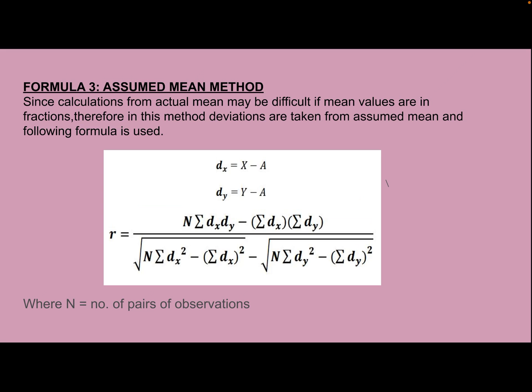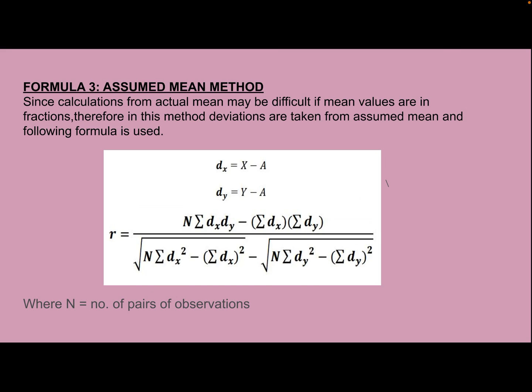The third formula is using the assumed mean method. The steps remain the same, the formula becomes different. Since calculations from the actual mean may be difficult if mean values are in fractions, therefore, in this method, deviations are taken from the assumed mean instead of the actual mean, okay?